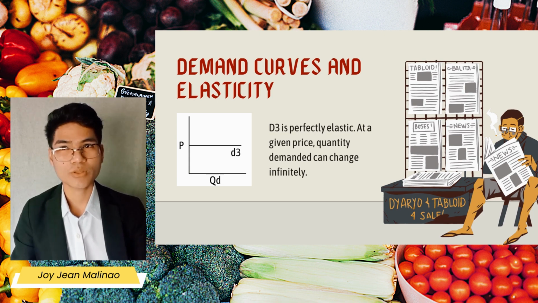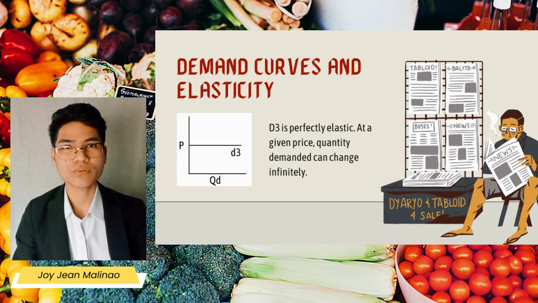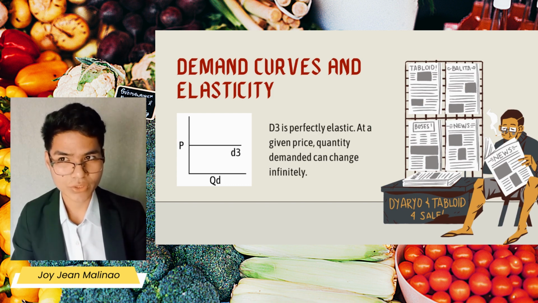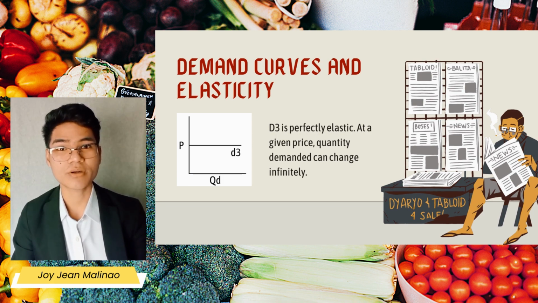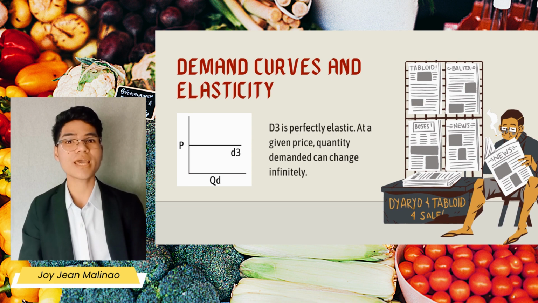So 30, 40, 50, 60, 70, infinitely. So it's very clear that our price is elastic. There is a change in quantity demanded, whether it decreases or increases. I think it's very clear to you. Let's move on to the next slide.